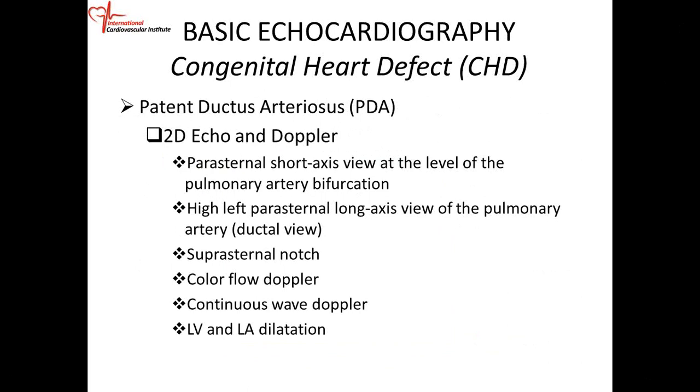You can use your color flow Doppler to see, because if you're in the short axis view at the level of the pulmonary trunk, you can see this blood flow going into the pulmonary trunk. The color flow will identify that, and then continuous wave Doppler will definitely show you that there is significant flow going from the aorta into the pulmonary trunk. And remember, it's just like a VSD, you're going to get dilatation of the left ventricle and left atrium.